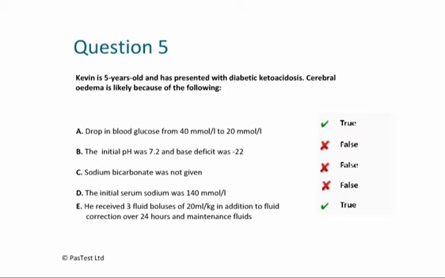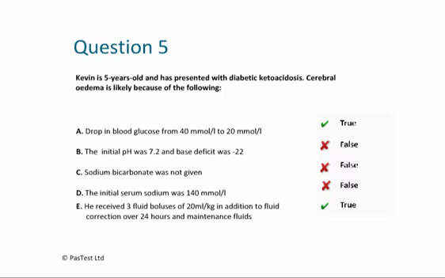The fluid boluses were in excess of recommended guidelines and probably contributed to cerebral edema. The fact that sodium bicarbonate was not given is good management. The initial sodium was normal and therefore should not contribute to cerebral edema.